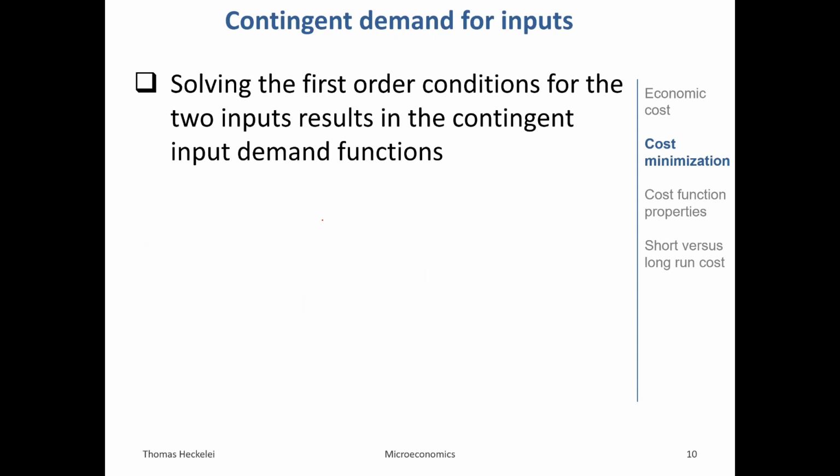After we solve the first order condition for the two inputs, we will get the input demand function, just as we got the goods demand function before from the expenditure minimization problem. So the function of K and L at the optimum point is now a function of the prices of the two inputs and the fixed level of output that you targeted.